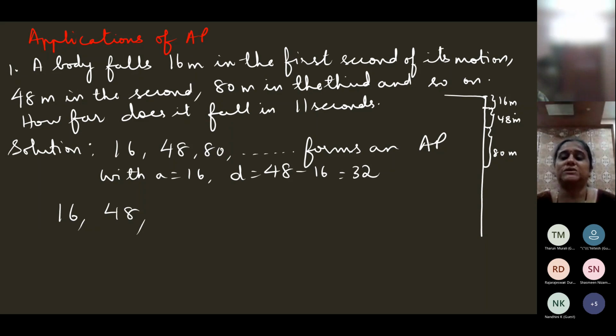See, if I ask you what is the distance covered by the object in the first second, 16 meters. In the second second, that second is only 1 second. The duration is only 1 second. Third second, the duration is only 1 second.